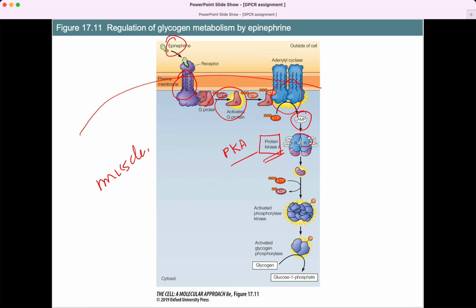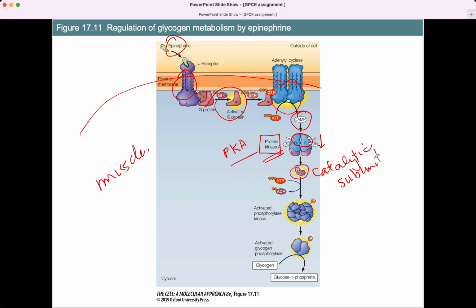It has regulatory subunits that are inhibiting the activity of the kinase. When cyclic AMP binds to the regulatory region, those subunits release the catalytic subunit. I should call it the catalytic subunit, not domain.